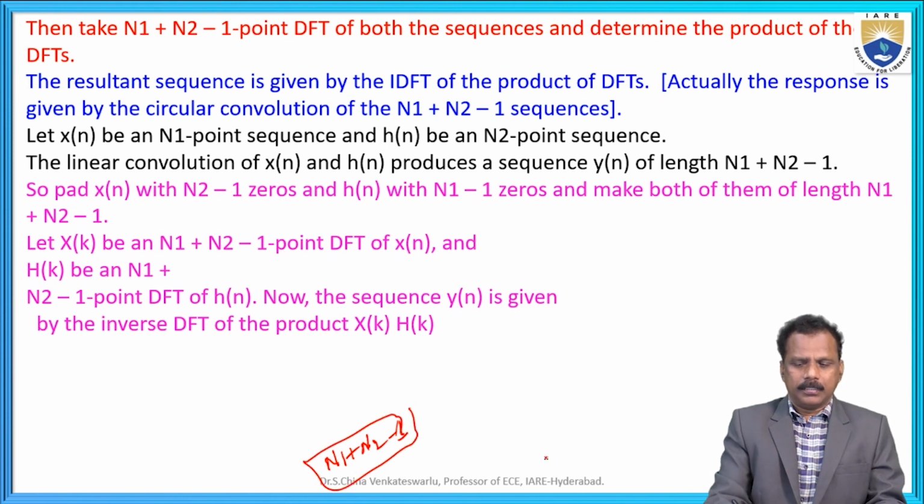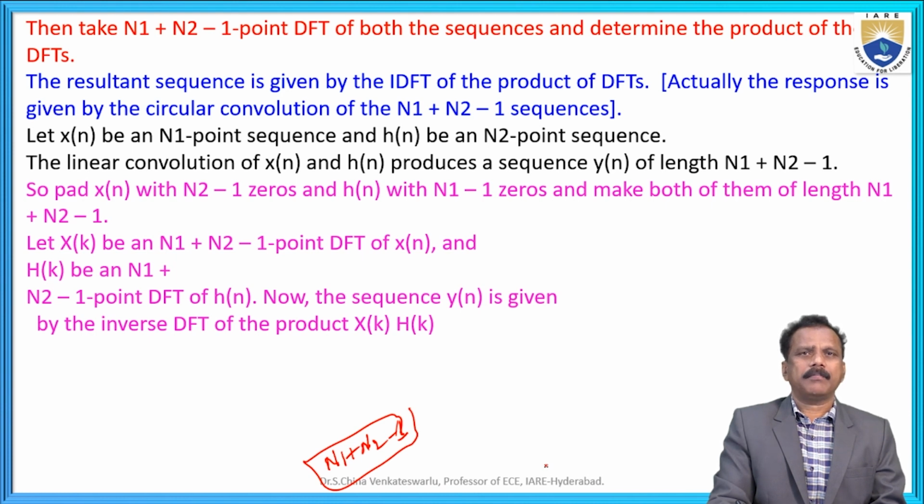Okay, so here this is the sequence we should follow. Let x of n be the N1-point sequence and h of n be the N2-point sequence. The linear convolution of x of n and h of n produces a sequence y of n of length N1 plus N2 minus 1.